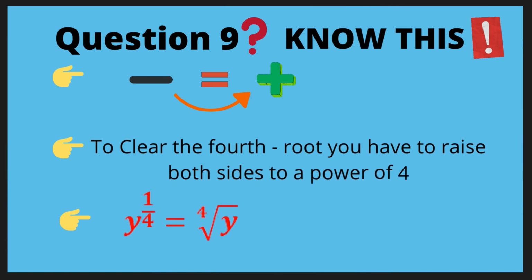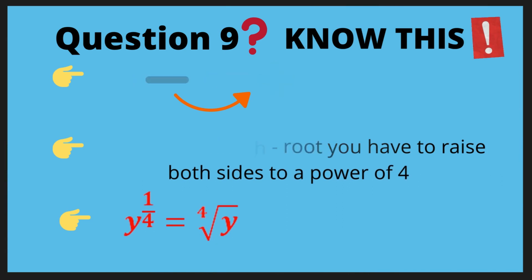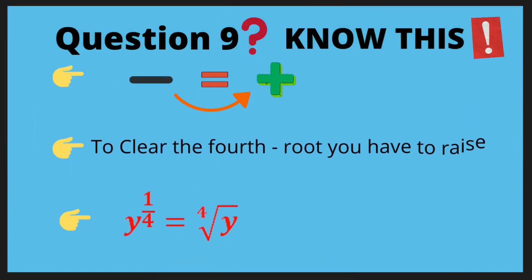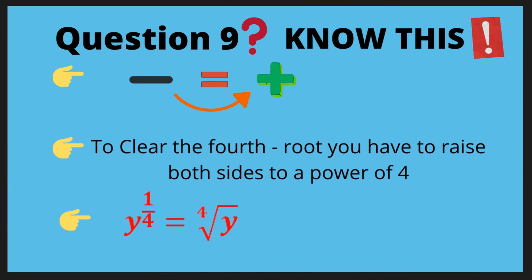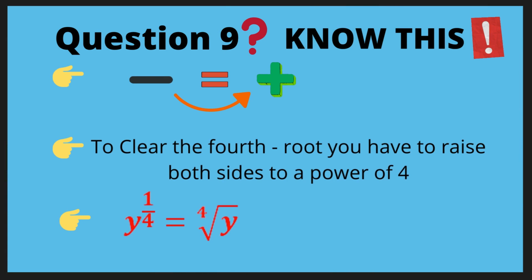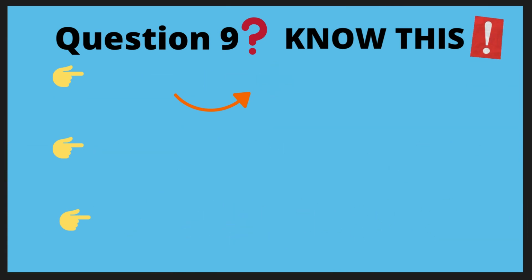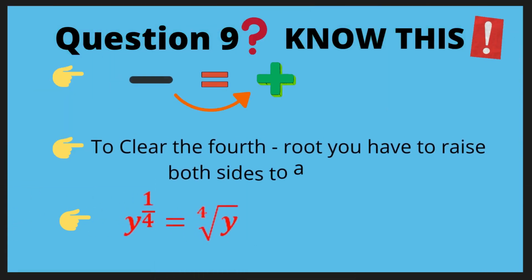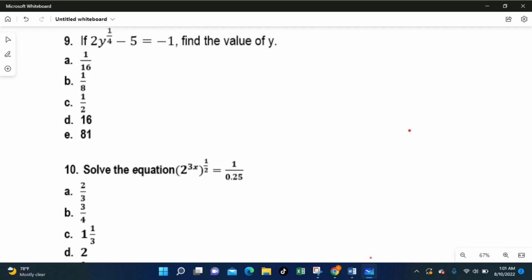Number one, that when minus crosses an equal to sign to the other part, it becomes plus. I also want you to know that y raised to power 1 over 4 is strictly for y and does not include 2.